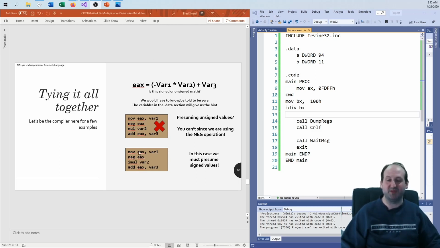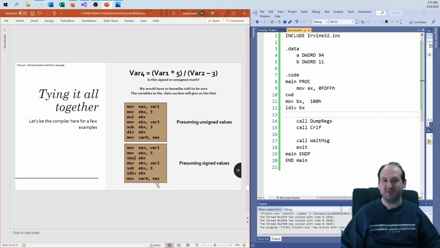So the register is fair game. Move var1 to EAX, negate that, then I can do my imul, and then I can add var3 to get where I need to go. Because EAX holds the result of the multiplication, I just add var3 to that, so it doesn't need all that extra work.